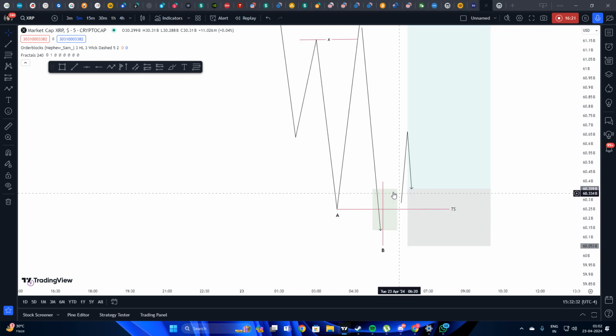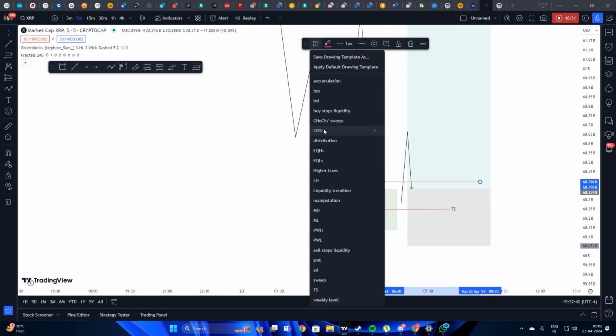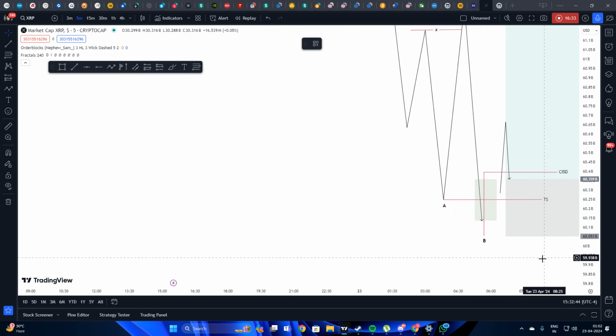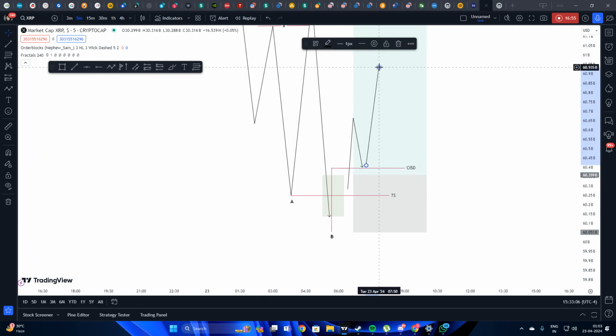This exact area, this wick, we mark as CISD. The market will always tap into the CISD or the wick which beat the lowest of lows, that candle's body or that candle's wick, and then it's going to move up.